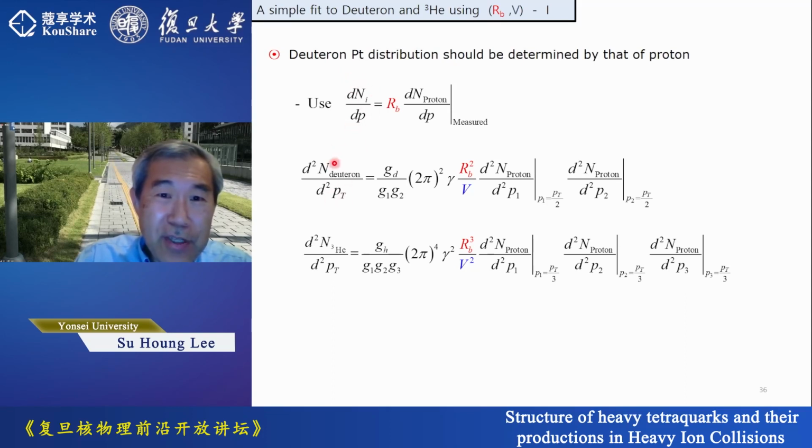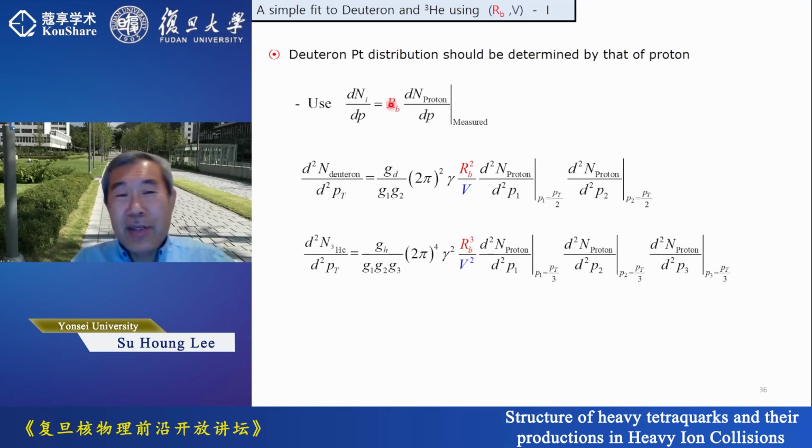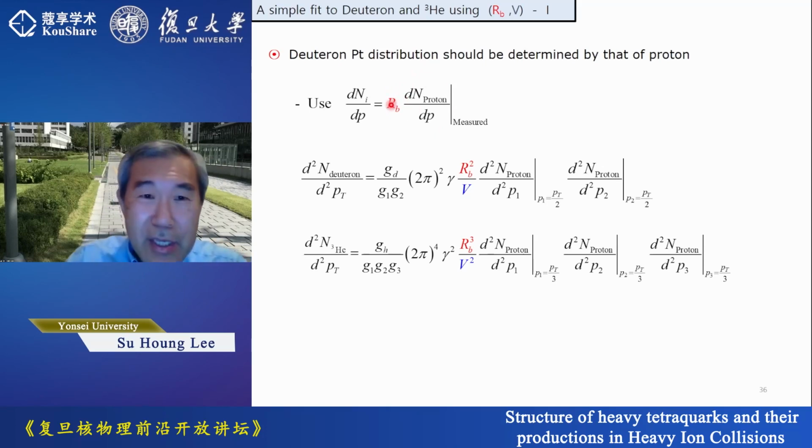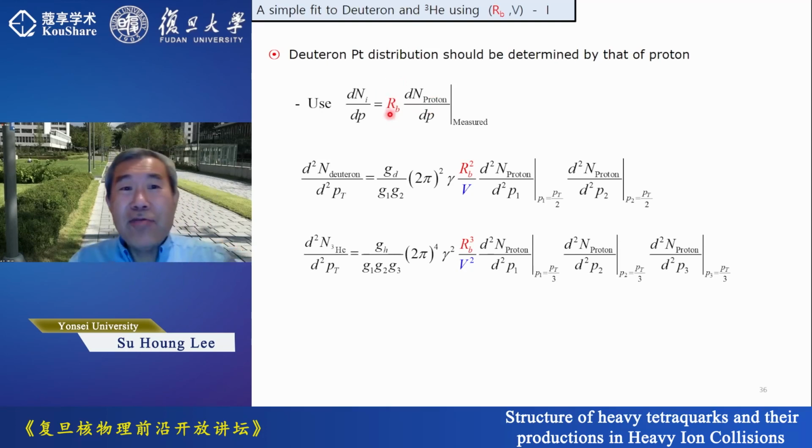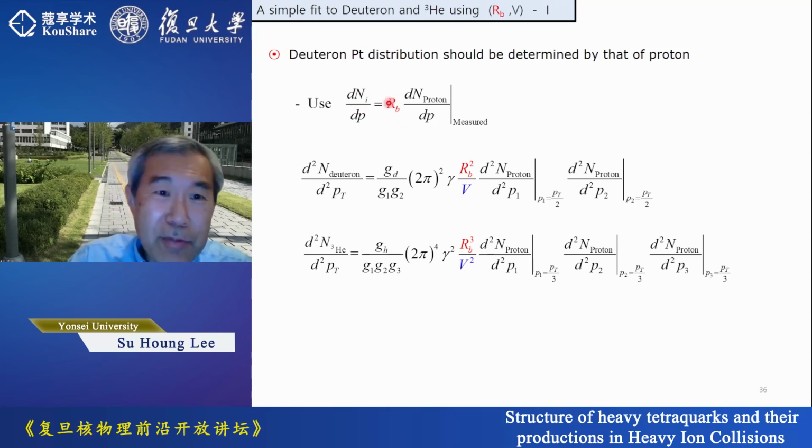Then the deuteron PT dependence will scale like RB, because when we use the proton distribution in the coalescence formula, we do not use the proton distribution that's observed, but a scaled one. They form earlier than when all the deltas and all these feedbacks have contributed to the final proton distribution. So this RB factor takes into account the feedback effect. Before feedback, the deuteron would be formed.